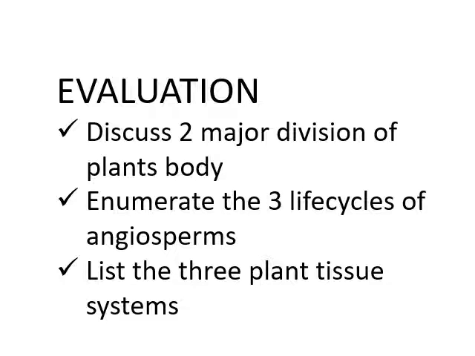They make up the bulk of the plant body. The second one, which is vascular tissue, distributes water and solutes through the plant body. The third one, which is dermal tissue system, covers and protects the plant's surface.